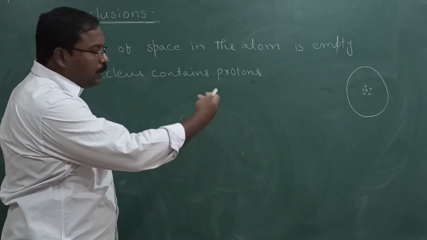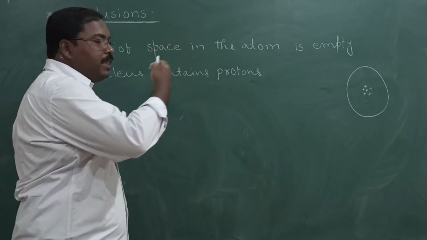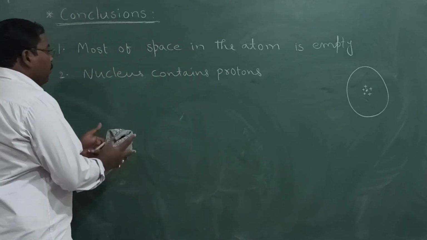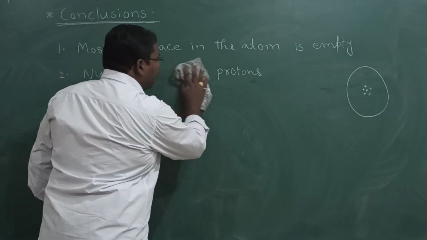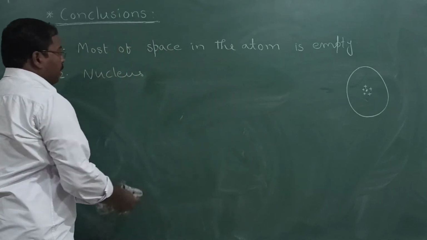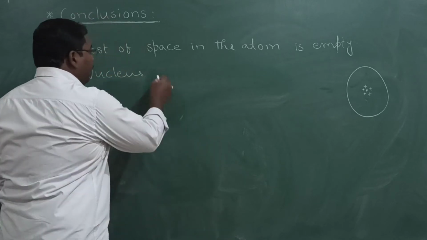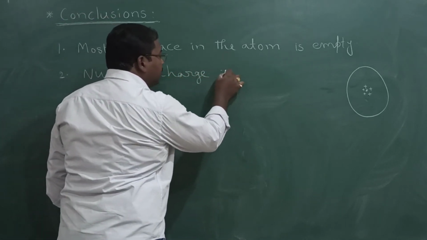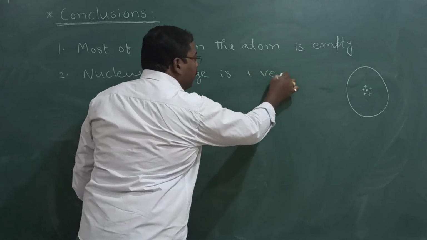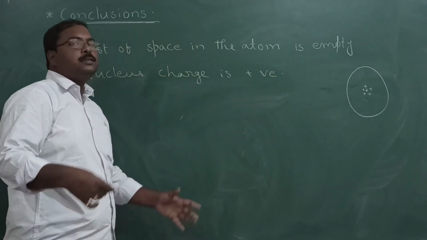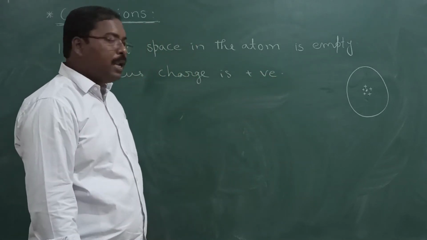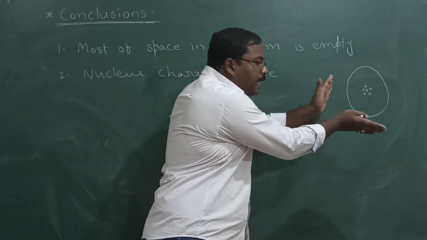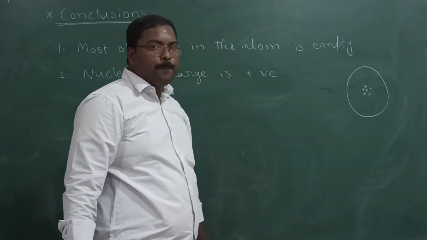As well as from the third point he concluded, they contain neutrons also. So mainly, while you are writing in the notes, write the point as nucleus charge is positive. Why positive means? Because nucleus contains protons. Okay? So because of the same charge, particles are deviated.